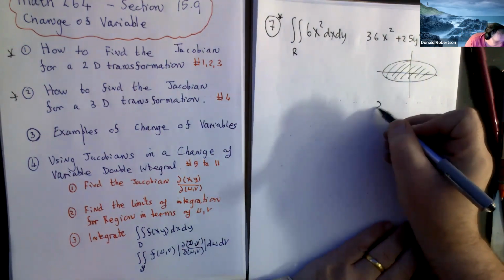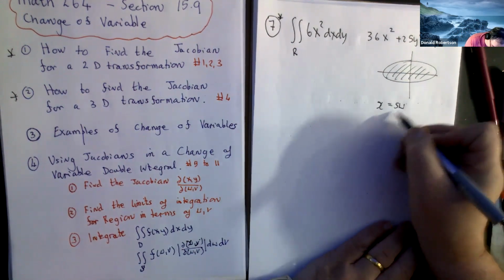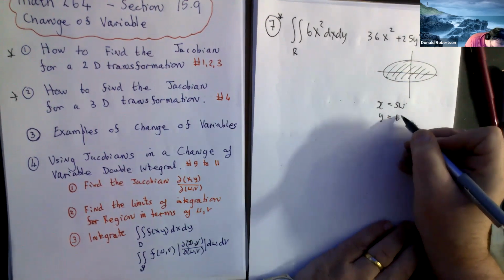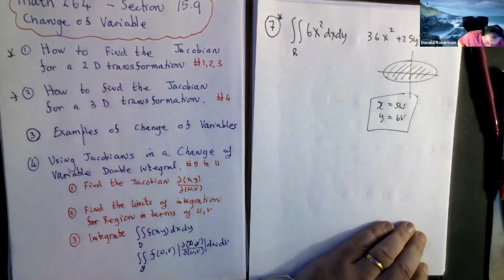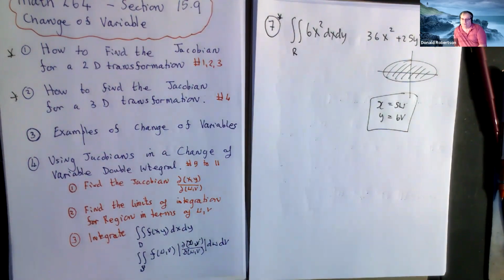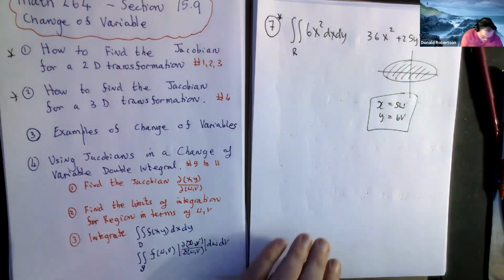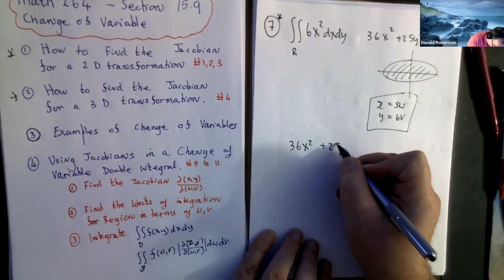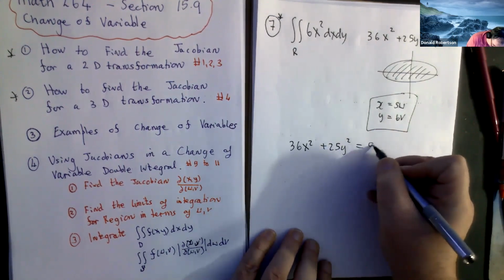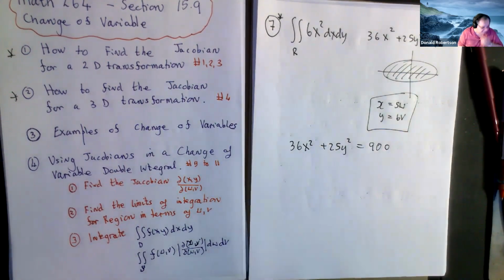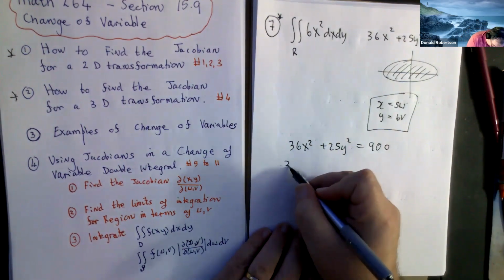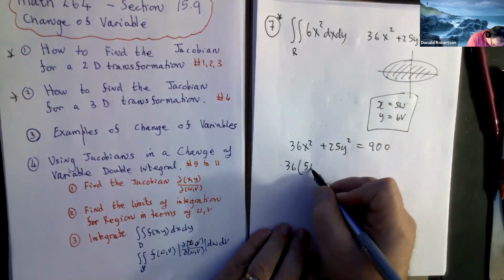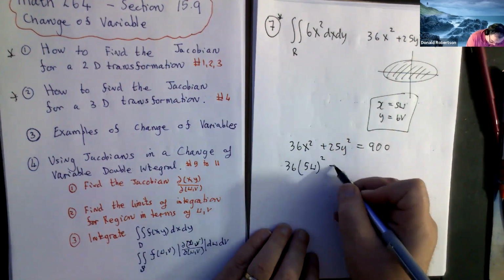However, they have told us that this is going to be the substitution to use. So all I'm going to do this time is take the equation of the surface, which is all the points inside that guy, right? And replace the x's with 5u's, and then square it.